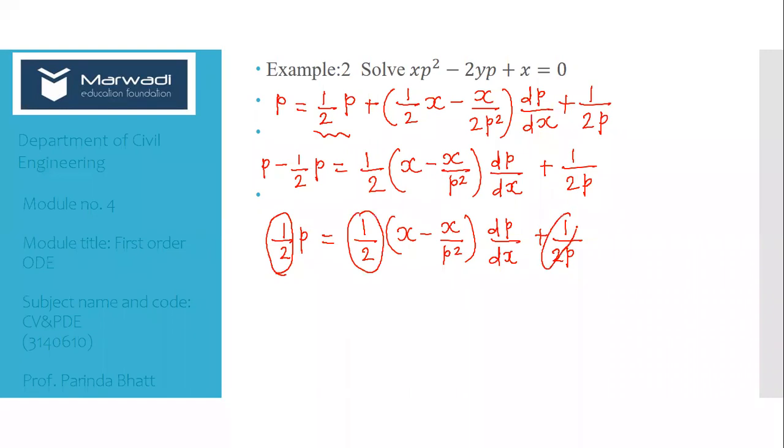Now 1 by 2 is taken common and cancelled from both sides.